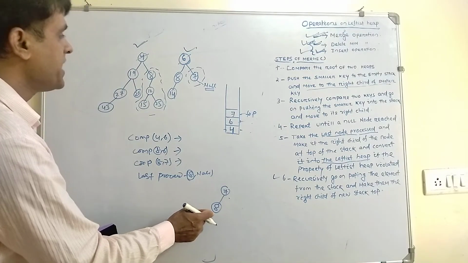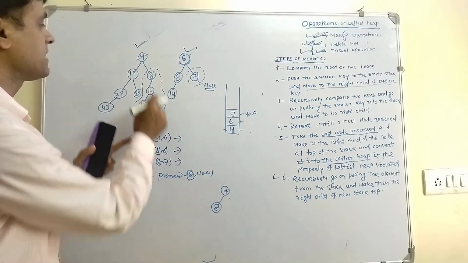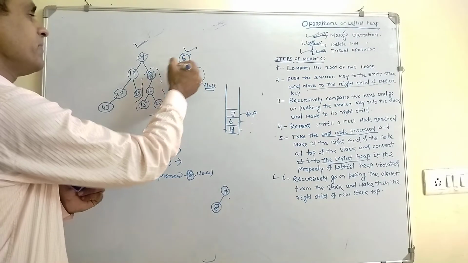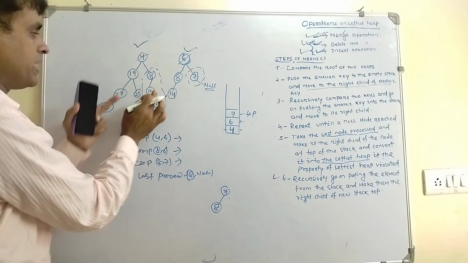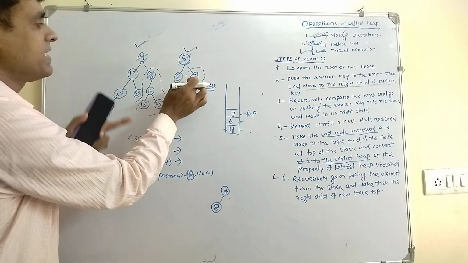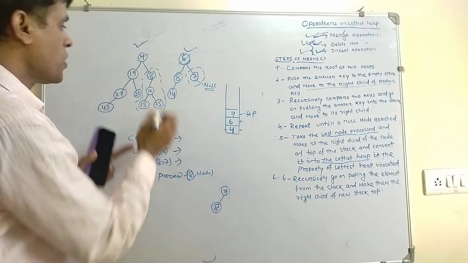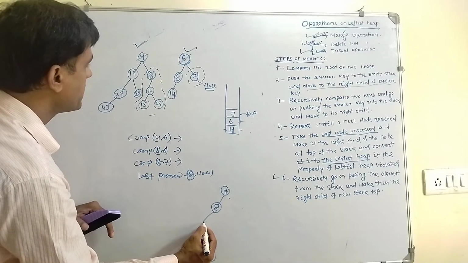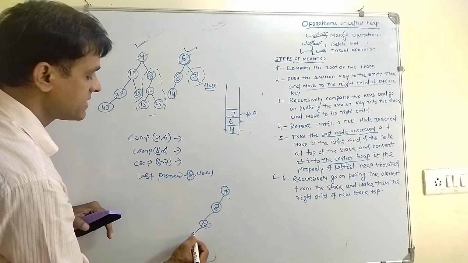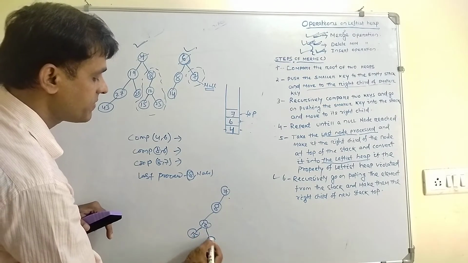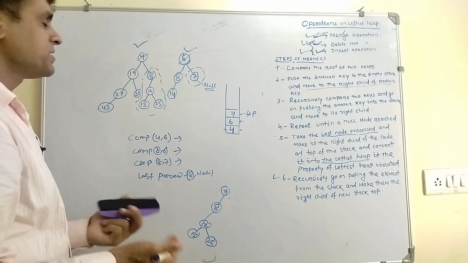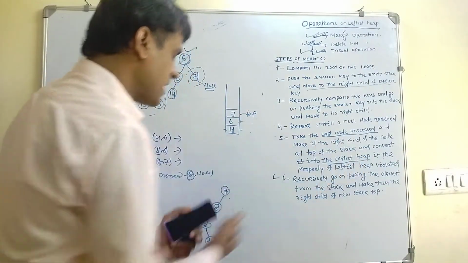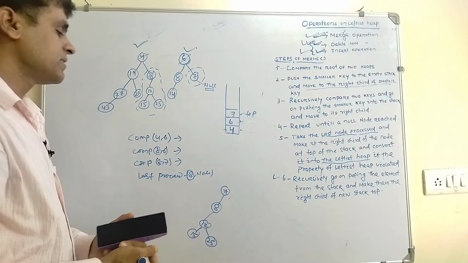This is the 8 we compared with 7. When you compared 8 and 7, the left child you didn't touch, because 7 is the minimum value and we consider the right child. So the left 12, 15 and 25 are as usual: 8's left child is 12, whose left child is 15 and right child is 25. Now check whether the leftist tree property is violated. No, it is not violated.